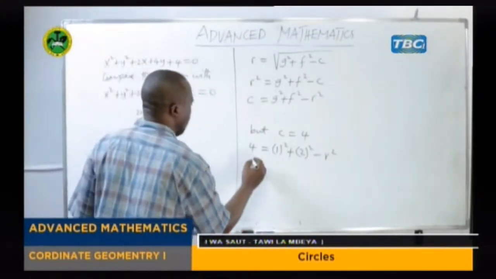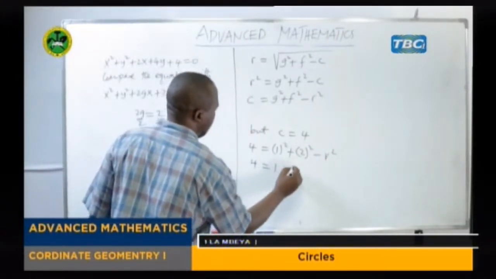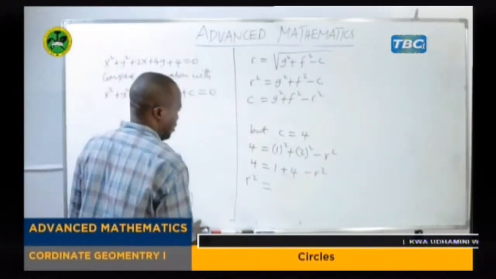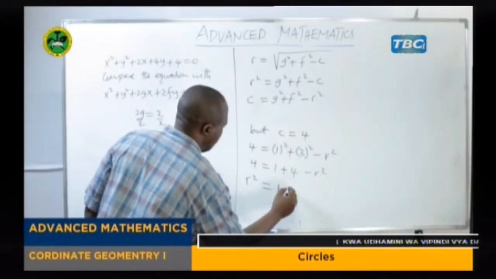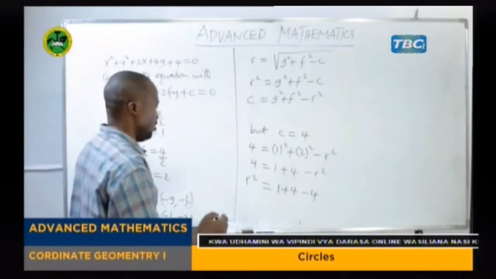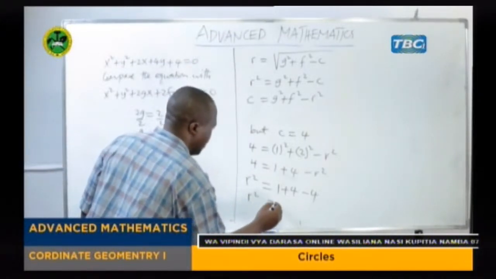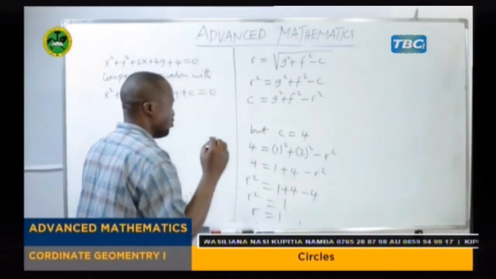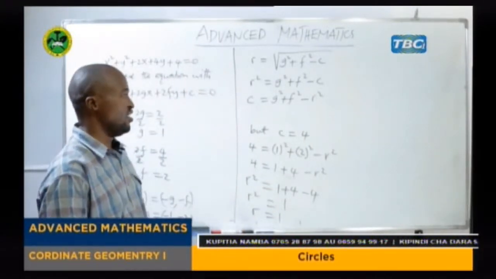So we have 4 is equal to 1 plus 4 minus r squared, or r squared is equal to 1 plus 4 minus 4. So r squared is equal to 1. Therefore r equals positive 1.